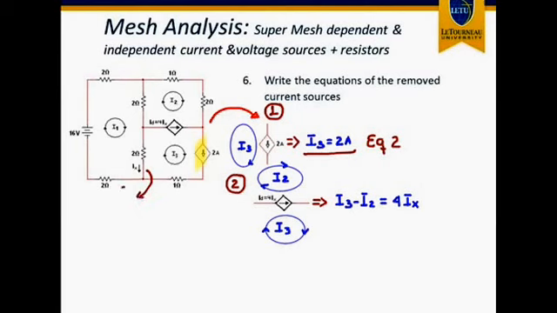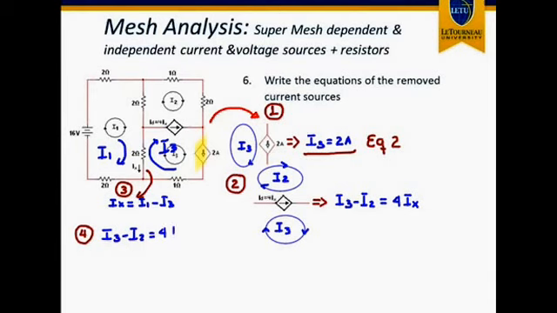Now for Ix, in equation number 3, we see that I1 is in the same direction, I3 is in the opposite direction, so we write Ix equal to I1 minus I3. And then we can write both equations: I3 minus I2 is going to be 4 Ix.